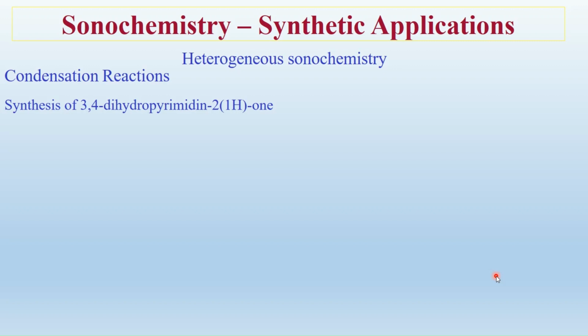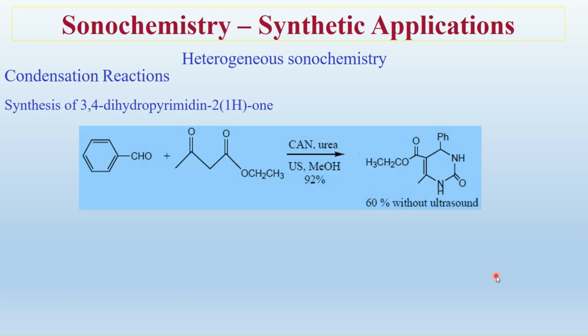Synthesis of dihydropyrimidin-2(1H)-one: benzaldehyde reacted with beta keto ester and urea in the presence of ferric ammonium nitrate, under ultrasonication using methanol as solvent, gave the corresponding pyrimidine derivative with 92% yield. Under normal conventional condition, the yield achieved was 60%.